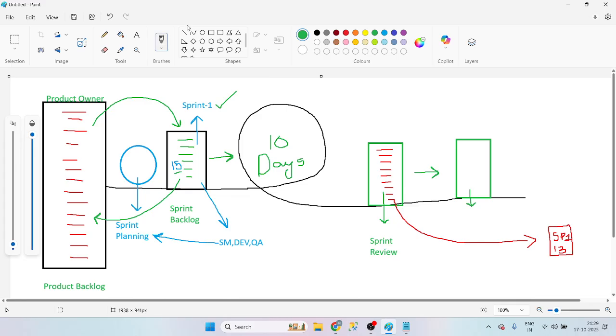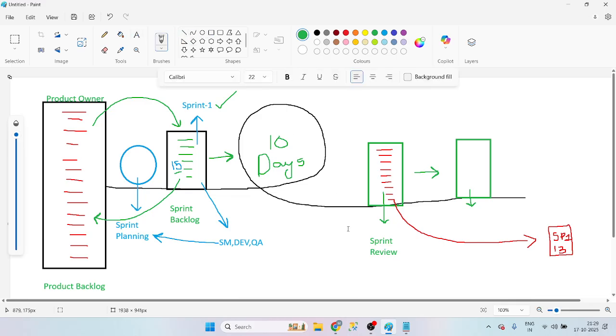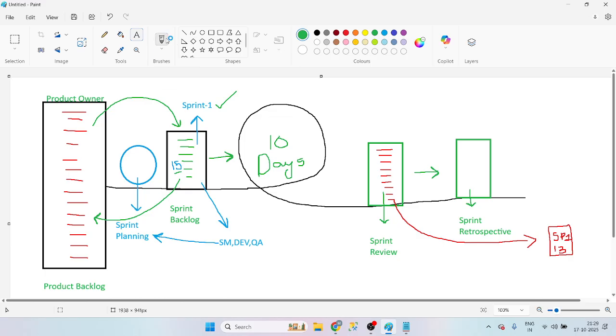This meeting is called sprint retrospective.